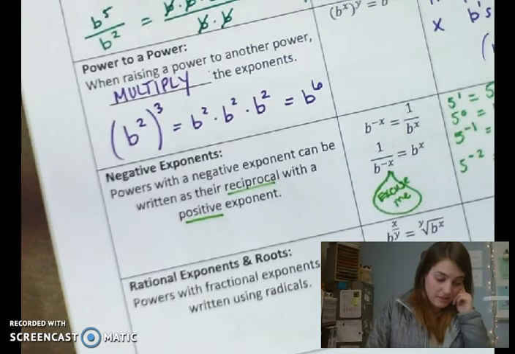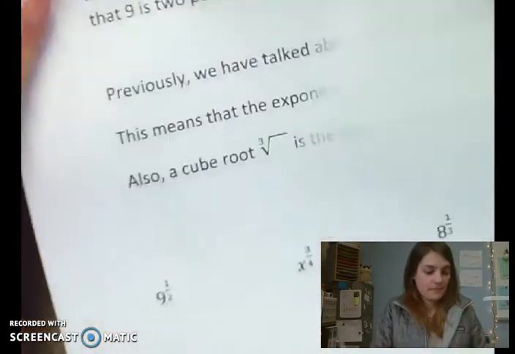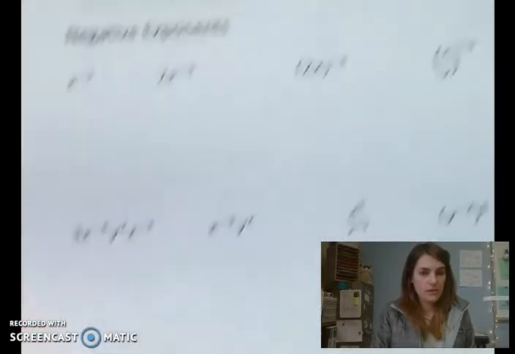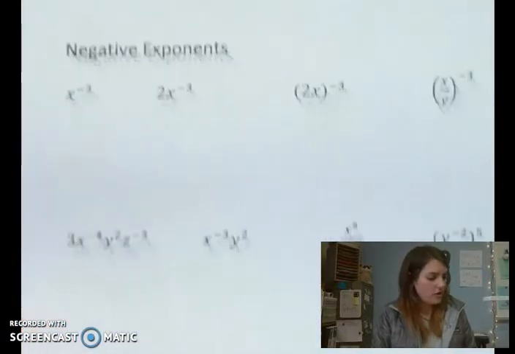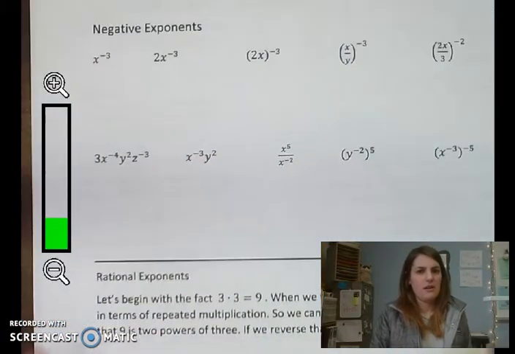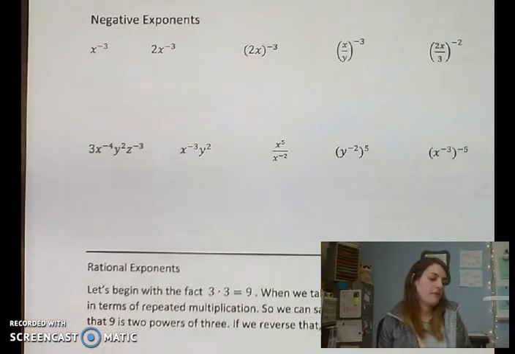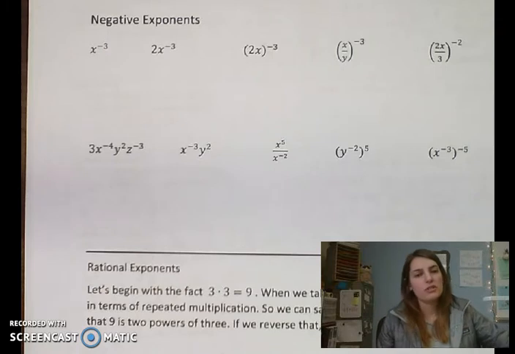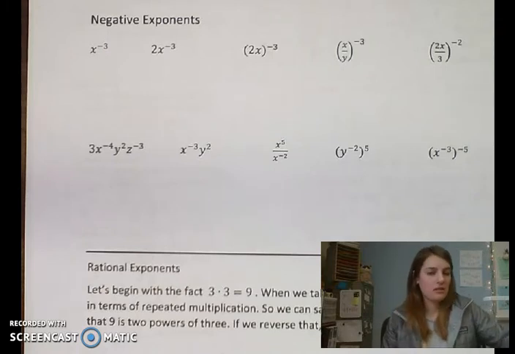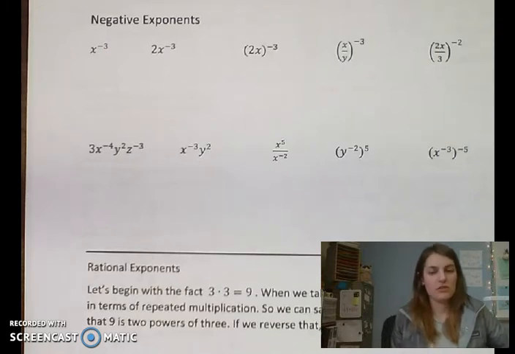Let's try some examples. Turn to the first row of examples here for negative exponents. So x to the negative 3. We do not consider negative exponents to be simplified.